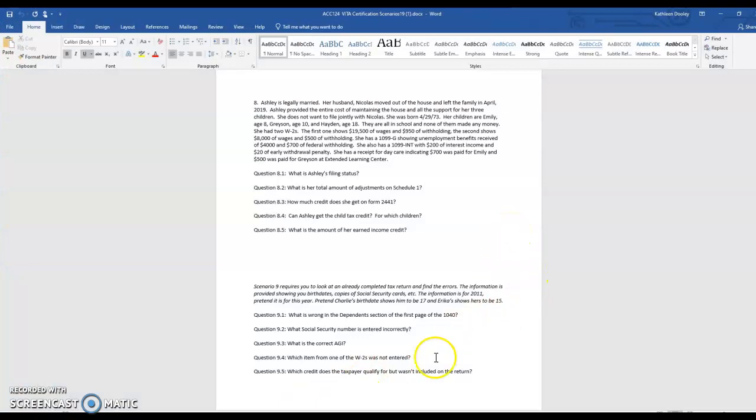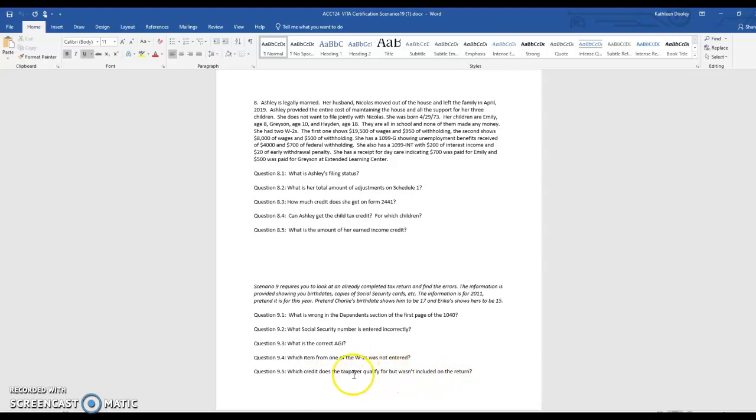You would also have to see, are there any credits that Serena might have applied for and it wasn't included on the return? No forms, no numbers for that particular credit. We have learned fairly extensively about the child tax credit and credit for other dependents, the earned income credit, and the daycare credit, which is also called the dependent care credit.